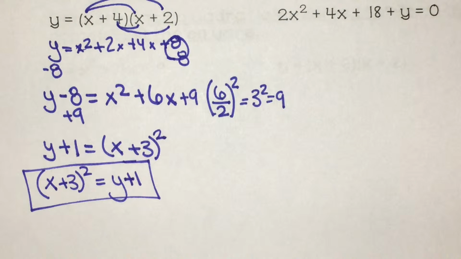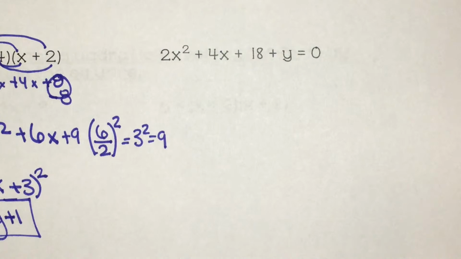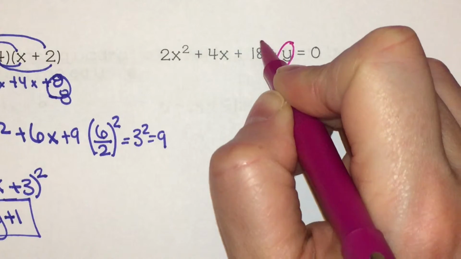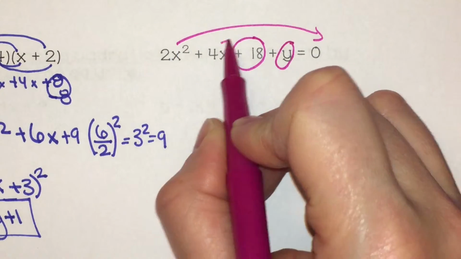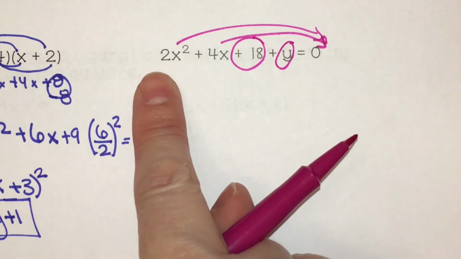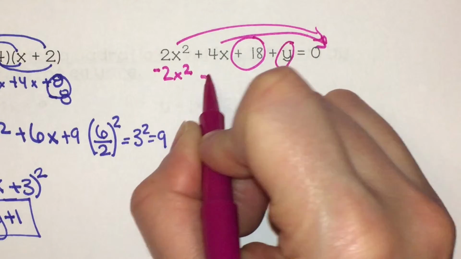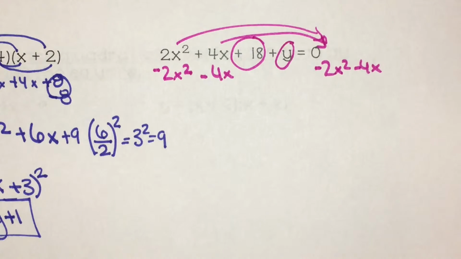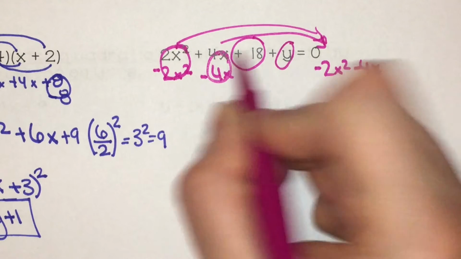All right, let's do one more. Okay, so this one's in a completely different form where it's equal to 0 on the right. I want to keep my y and my constant on the left side, and I'm going to move everything else to the other side of the equal sign. So that means I'm going to have to subtract 2x squared and subtract 4x from both sides. 2x squared minus 2x squared is 0. 4x minus 4x is 0.